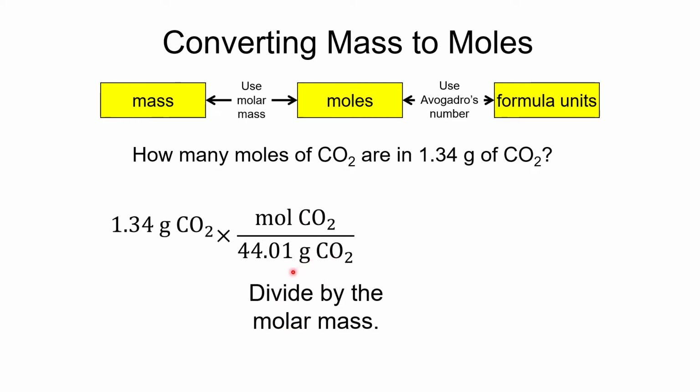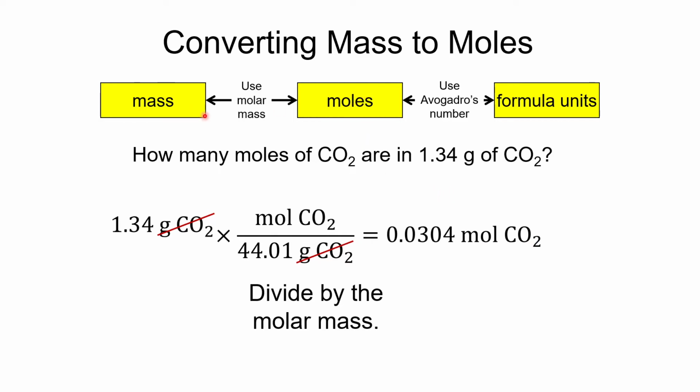Our grams will be down here in the denominator. Doing dimensional analysis, we can cancel out the grams of CO2, and now we just divide 1.34 divided by 44.01. We've got 3 sig figs, so our answer is going to come out to 0.0304 moles of CO2.